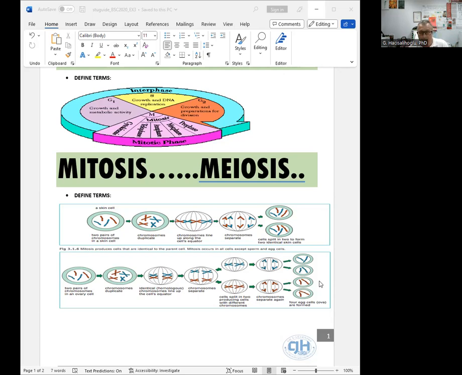Now, this is slightly different from mitosis, which we saw in the previous chapter. Meiosis goes through meiosis 1 and meiosis 2. It uses synapsis, crossing over, where the chromosomes cross over, and independent assortment. These all cause genetic variation at the end, which contributes to evolution.